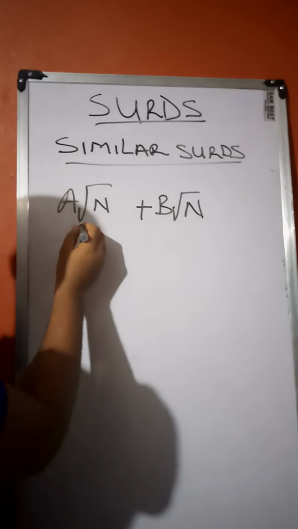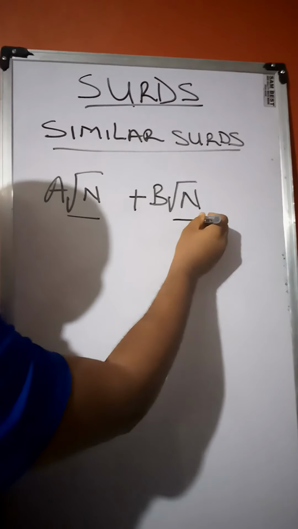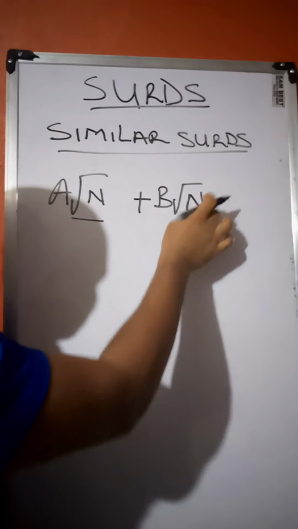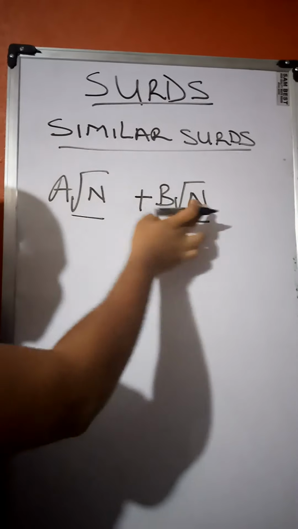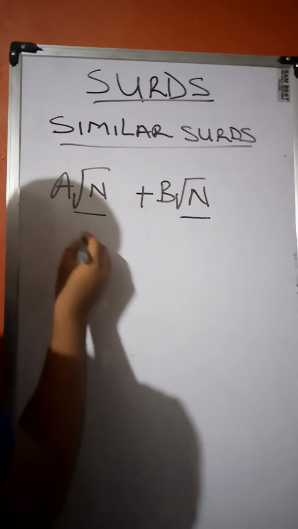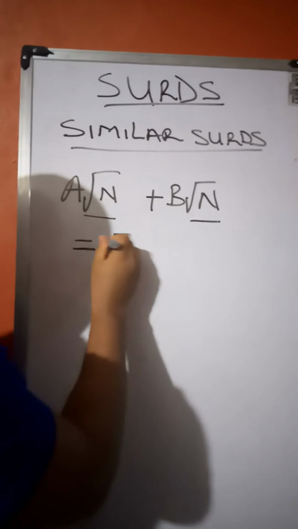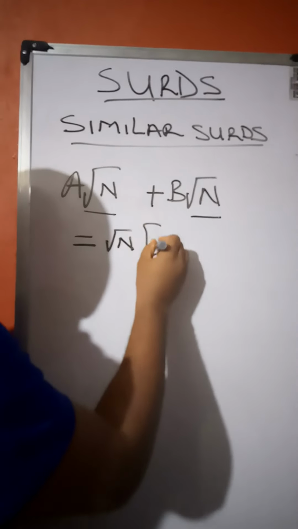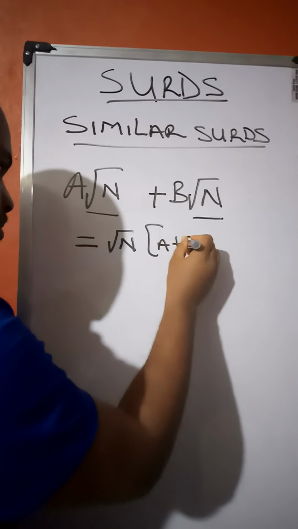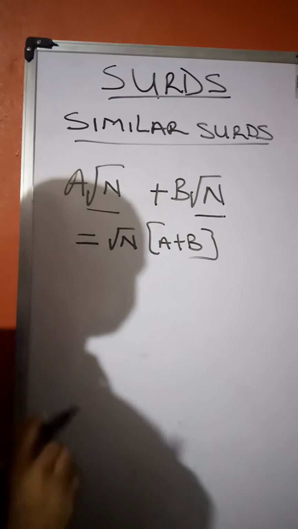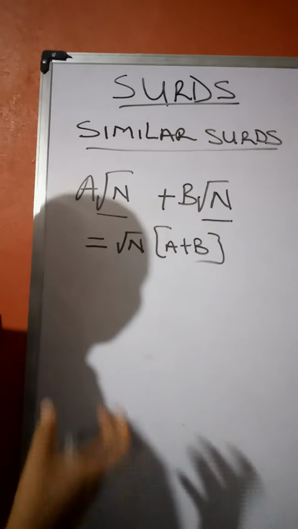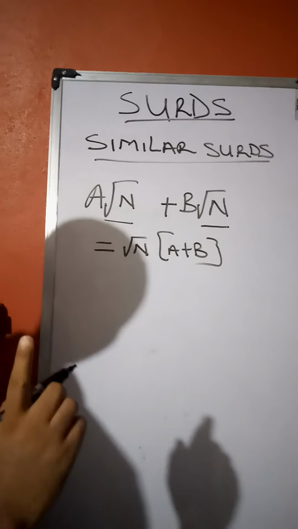Because this and this have the same integer n inside the root sign, they are similar. So I can write it as: I'll factorize root n out into root n times (a plus b). It's going to help us in simplifying surds. Take note.